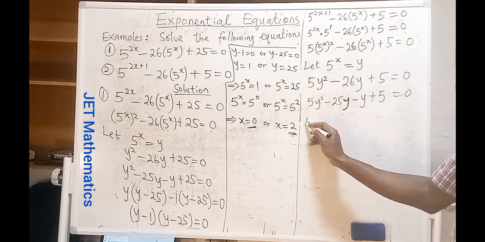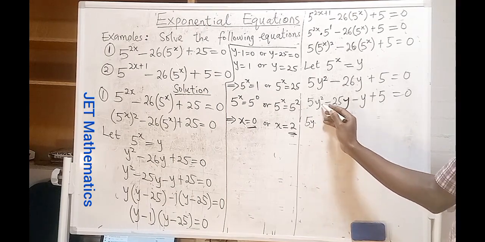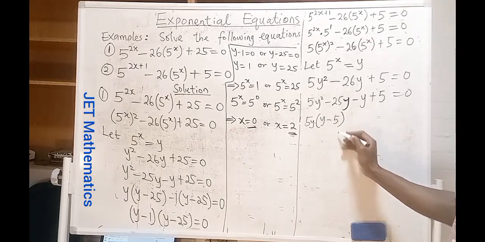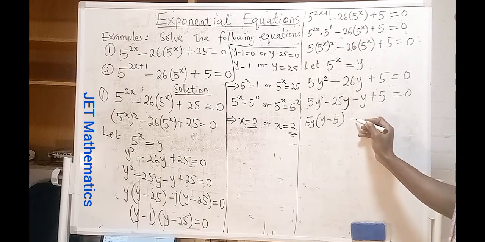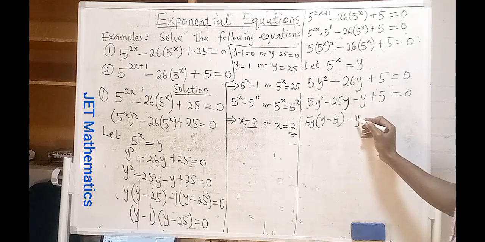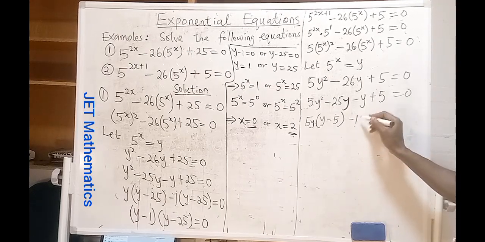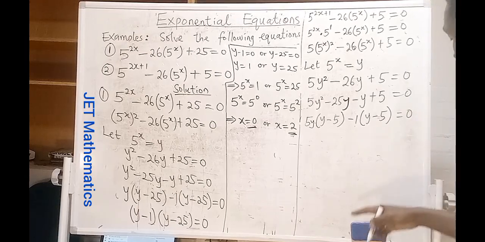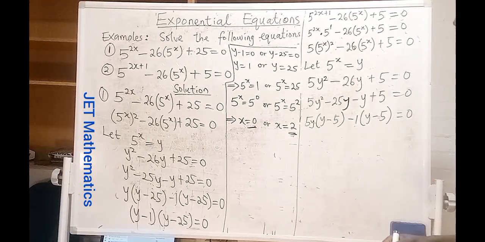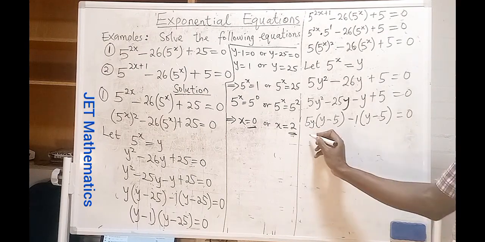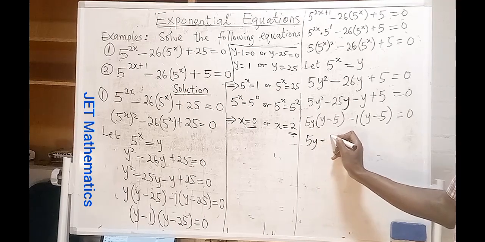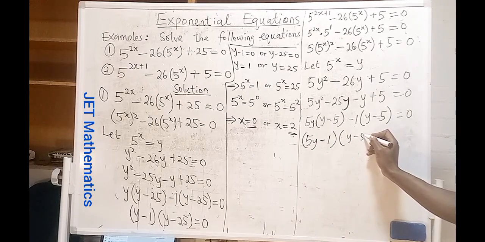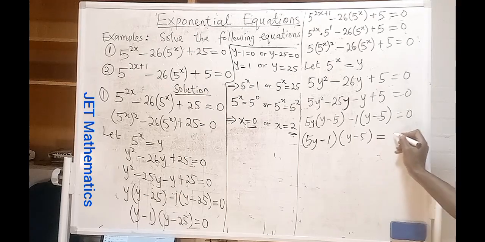So here we have 5y common, and then here we have y minus 5, and then here we have minus 1 times y minus 5 equals 0. Okay, so we take this to get (5y minus 1)(y minus 5) equals 0.